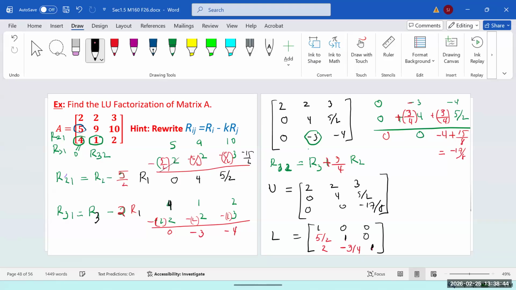Perfect. So every position we moved, first we moved that position using negative 5/2. So in this position we're supposed to do positive 5/2.